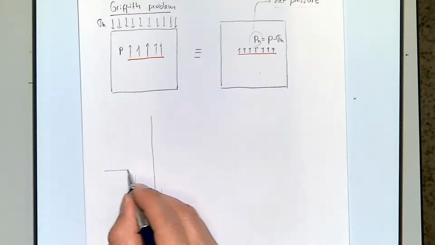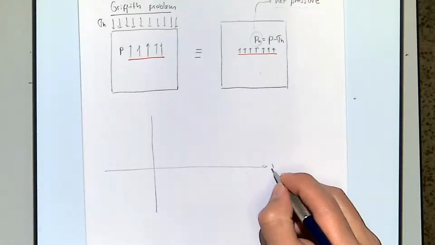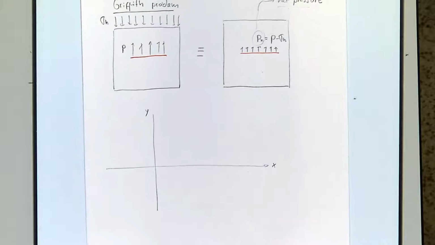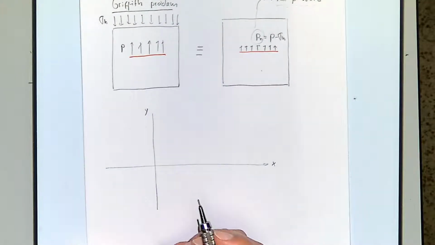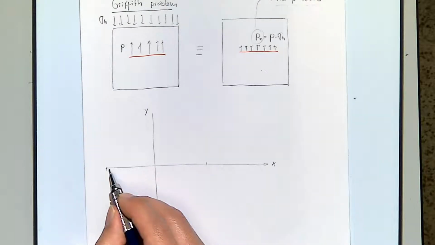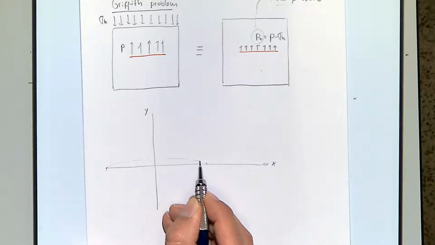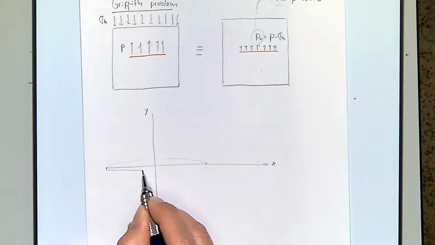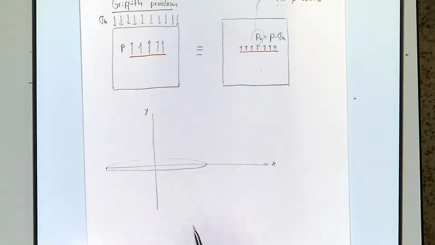So we're going to have this coordinate system where this is x, this is y. We have a linear crack, and I'm going to draw the crack as when it's already open. Okay, so when it's already open, as we're going to find from the Griffith solution, this is going to be an ellipse.